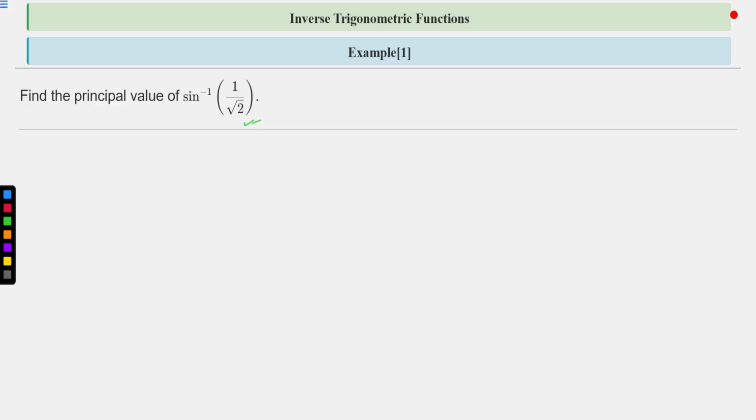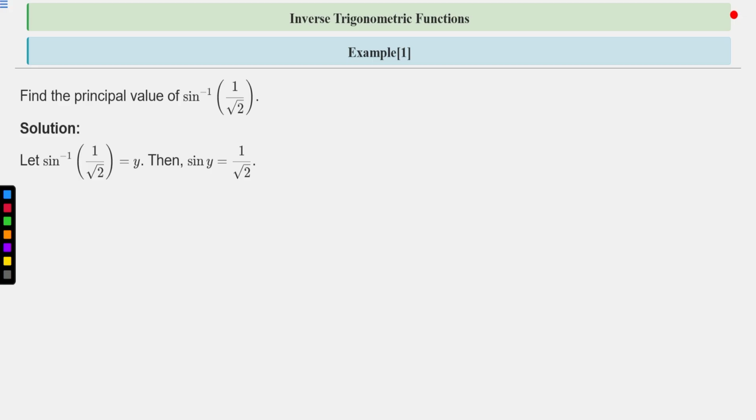Let us discuss how we approach this type of question. We basically have to find the principal value of sine inverse 1 by root 2, right? So you can assume sine inverse 1 by root 2 as y.